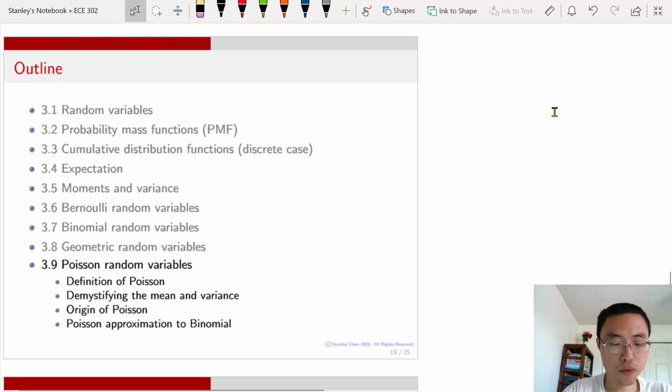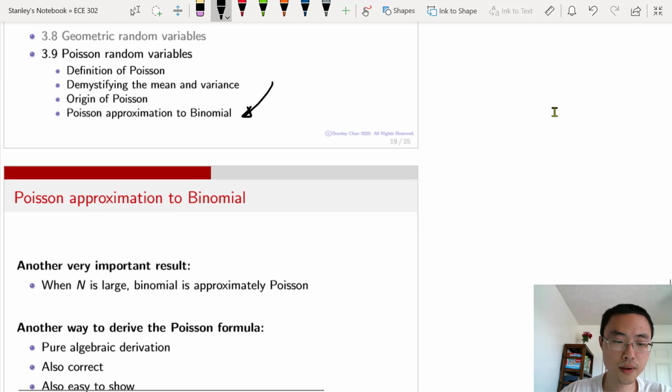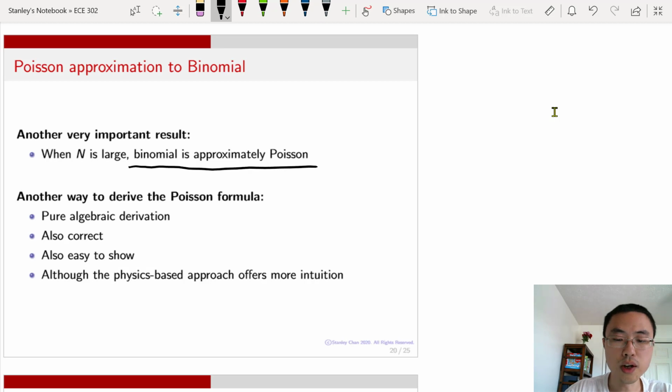So we have completed 3 sections of 3.9, and now let's go to the last section, which is the Poisson approximation to binomial random variables. This is another very important result. At the high level, it says that binomial can be approximated by a Poisson random variable.